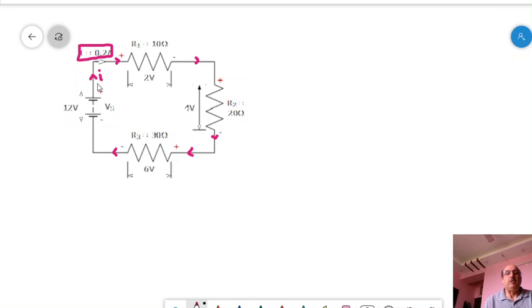It means we don't know the current I, so we don't know the voltage also. We are assuming here that this current comes to 0.2 ampere in our answer, yes or not.